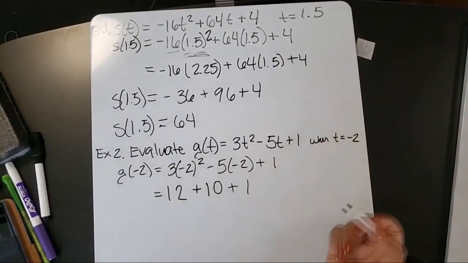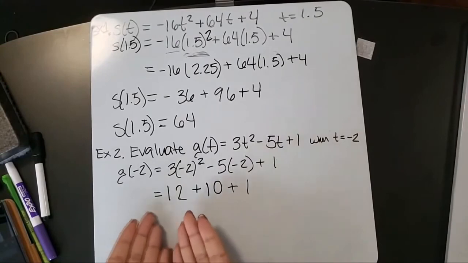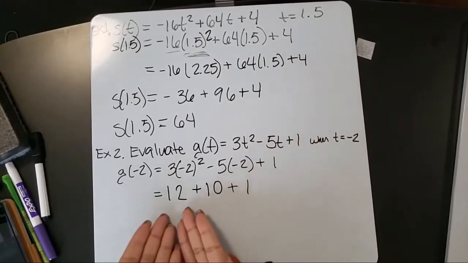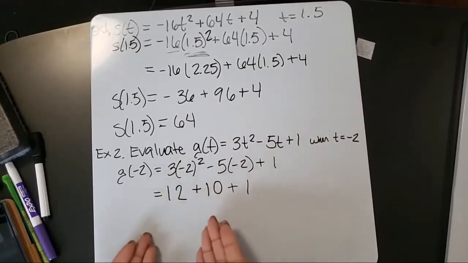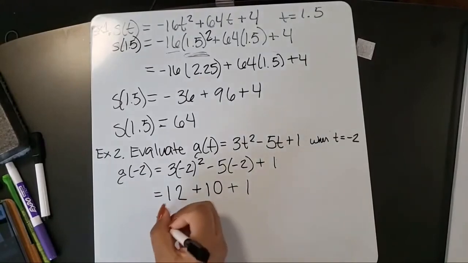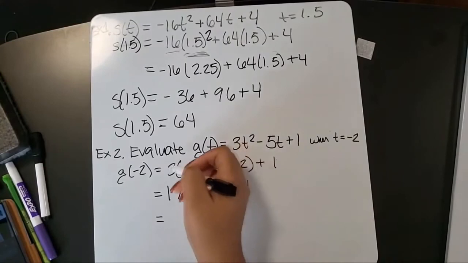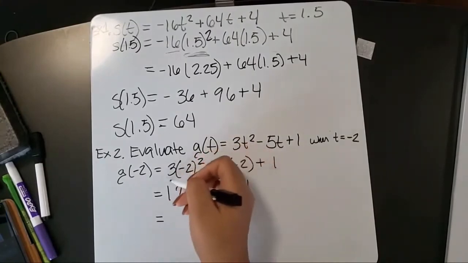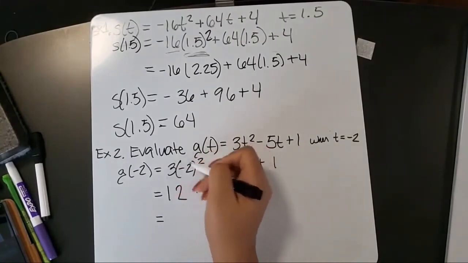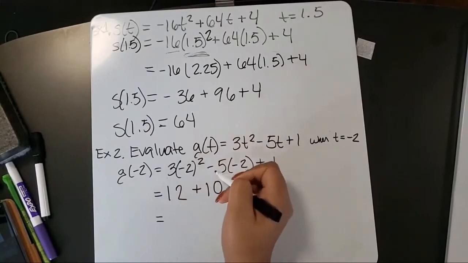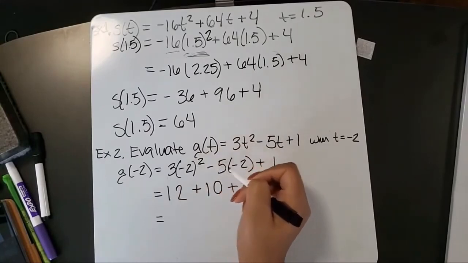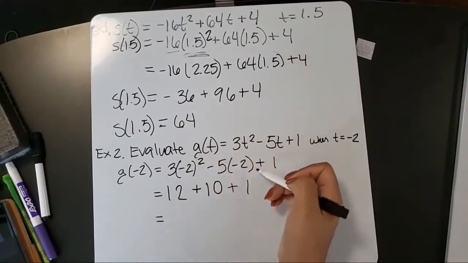We could just bring that plus 1 down. Now we have something that's so simple we can do in our head. The hardest part is going from here to here. Remembering how to calculate this properly. Remembering how to multiply, add, and subtract integers.